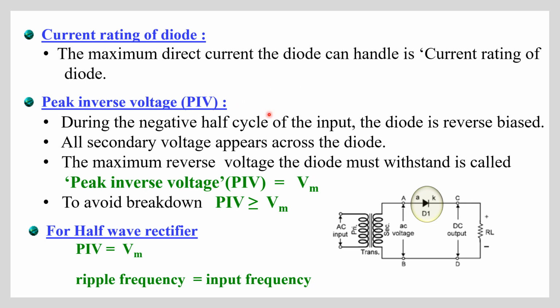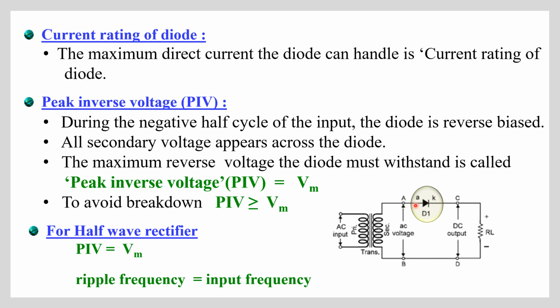Then the next one, the peak inverse voltage, PIV. During the negative half cycle of the input, the diode is reverse biased, so all the secondary voltage appears across the diode. The maximum reverse voltage which appears across the diode during operation is nothing but PIV. So the maximum reverse voltage the diode must withstand is the peak inverse voltage.